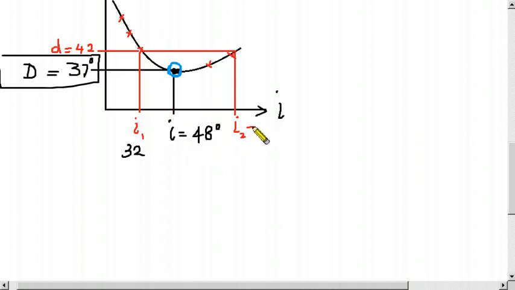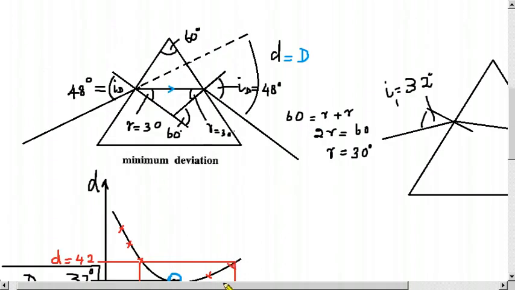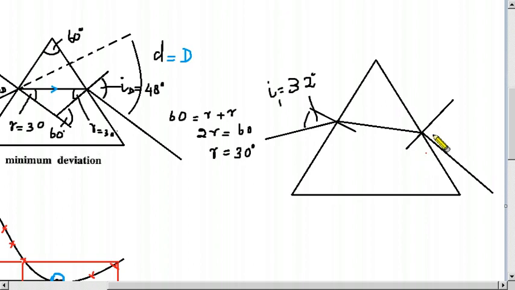So this I2, suppose it is greater than 48, so let us say 55. So it is this angle, maybe 55 or something like that, greater than 48.